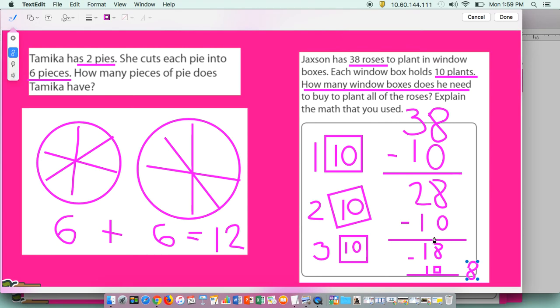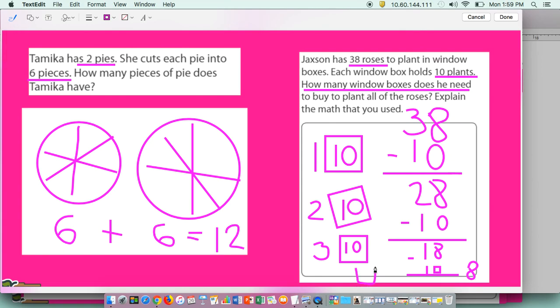8 left. So we still have more roses to put in the window boxes, so we need another box. Even though it holds 10 and we only have 8, we still need that box, right?